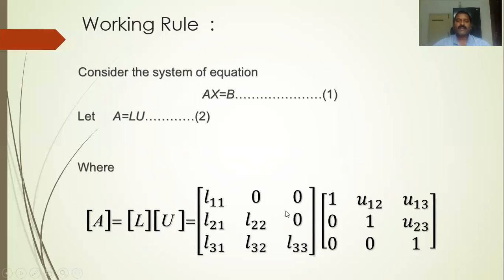Now, we know that two matrices are said to be equal if the corresponding elements are equal. So we perform the actual multiplication of these two matrices, then equate that to the elements of the given matrix. That evaluates L11, L22, and so on. Then we substitute here. That gives the L and that gives the U.